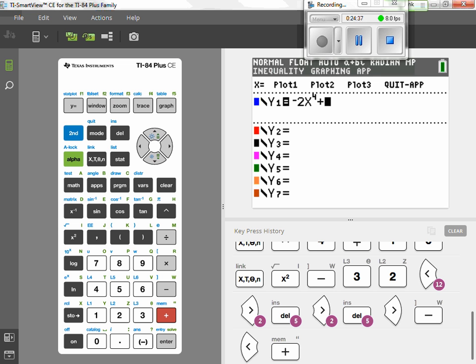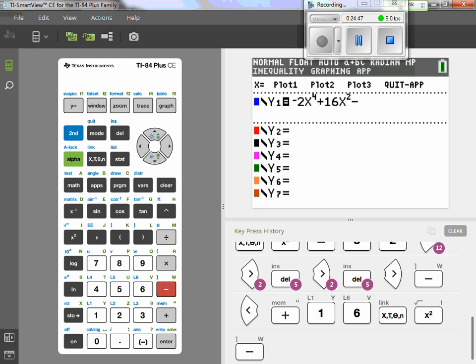Plus 16x squared minus 32x. And once you finish getting this typed in, hit graph.